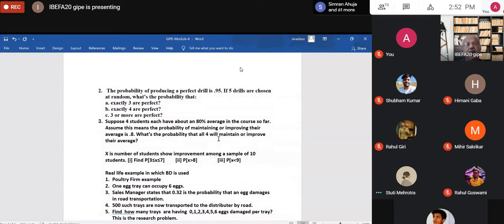This means the probability of maintaining or improving their average is 0.8. What is the probability that all will maintain the average? Exact probability.